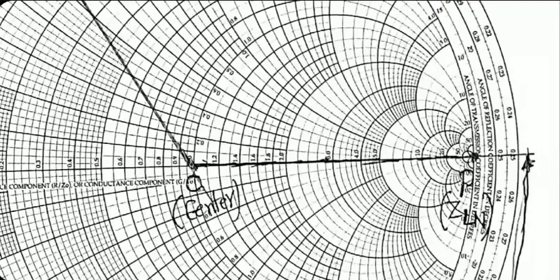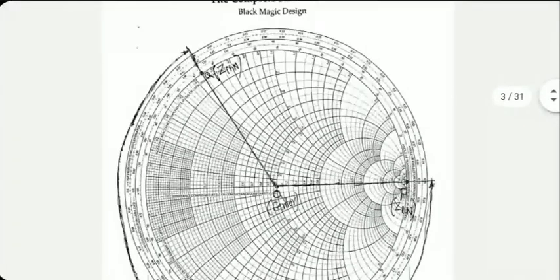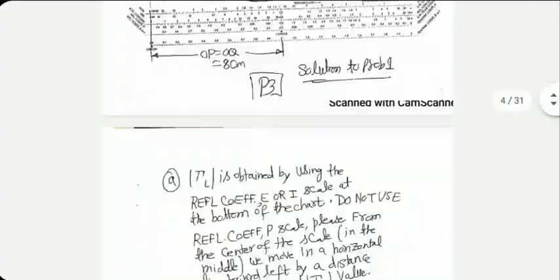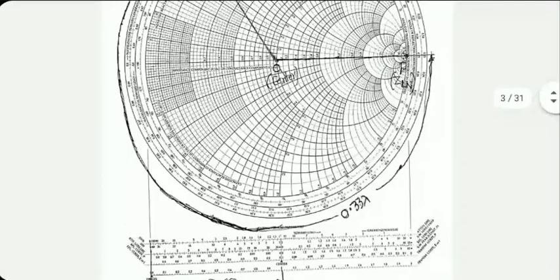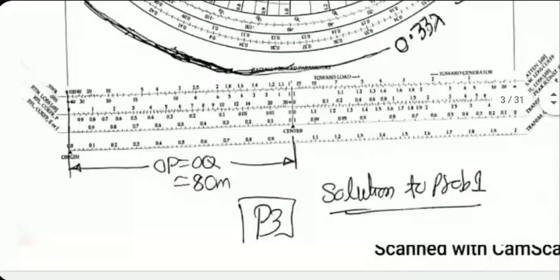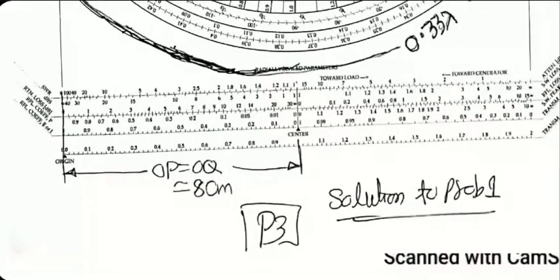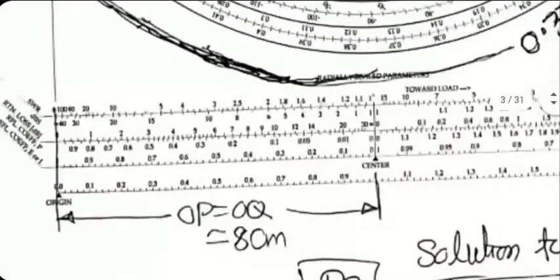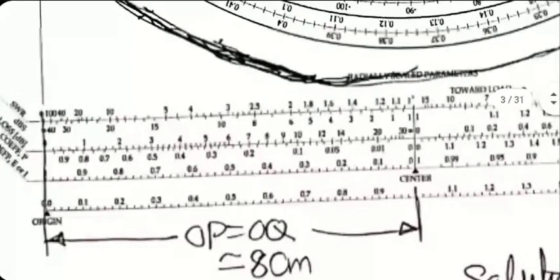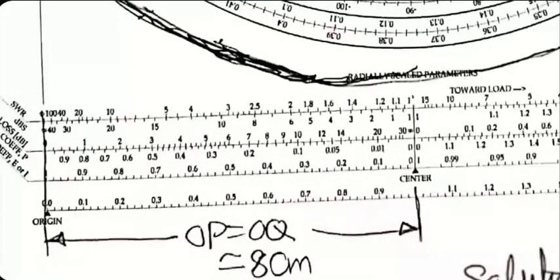How about VSWR and CSWR? Again, you go back to the bottom scales. There is the uppermost scale called SWR, which means both VSWR and CSWR. Again, from the center towards the left, you move by the distance OP. You see that at the center, VSWR is 1, then it is 1.1, 1.2, 1.4, 1.6, and so on.